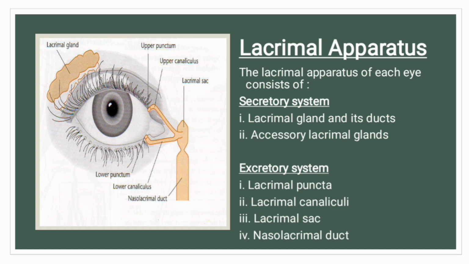So this is the complete lacrimal apparatus. On the temporal side there is the secretory system, while in the nasal area there is the drainage system, and the distribution is on the surface of the eye, right?